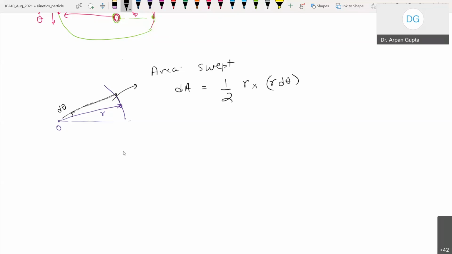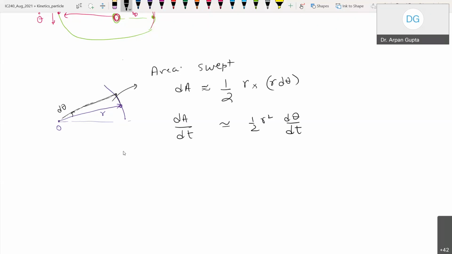Again, this is an approximation. And now if I divide this by dt, this becomes half r square d theta by dt.